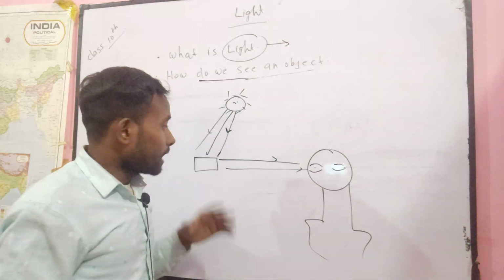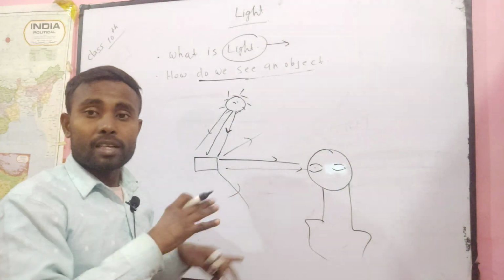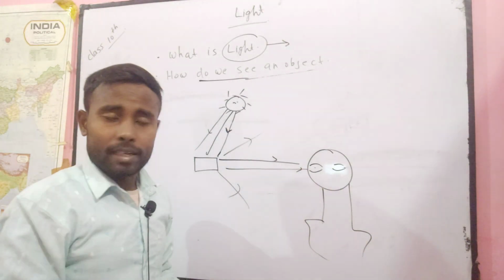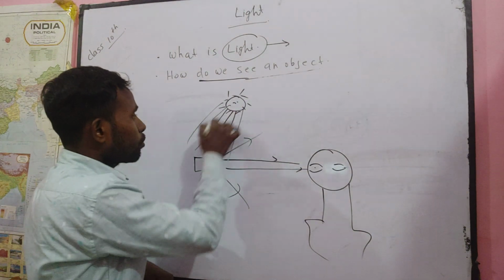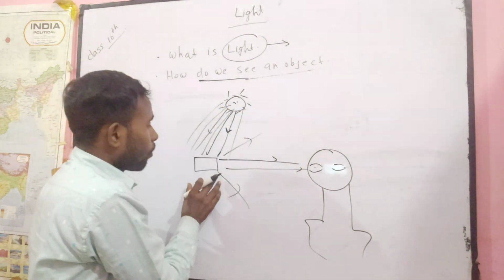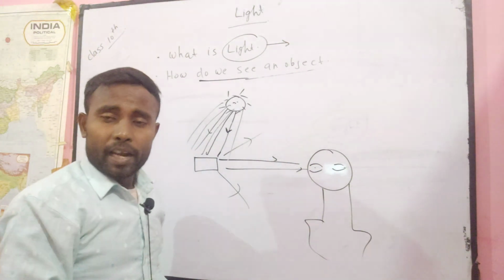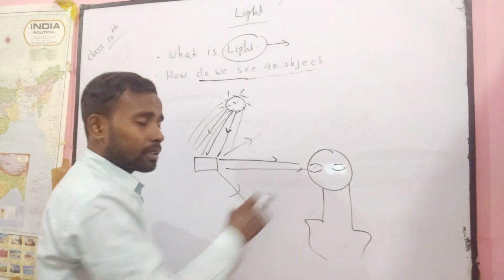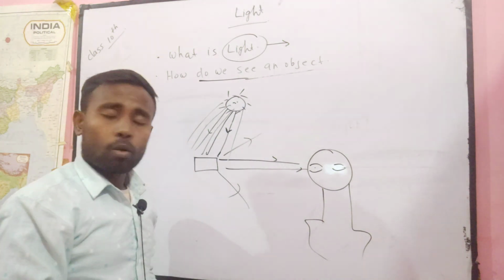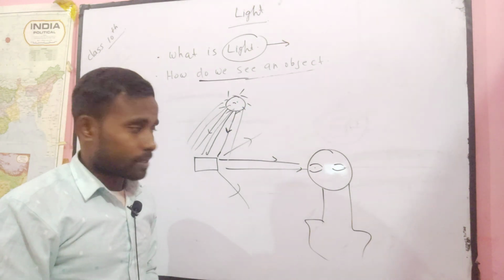in the same medium. It may also go in other directions. It is not necessary that each and every light ray enters our eye. Lakhs and crores of light rays fall on this object, and after reflection they enter the eye and fall on the retina, and that helps to form an image.